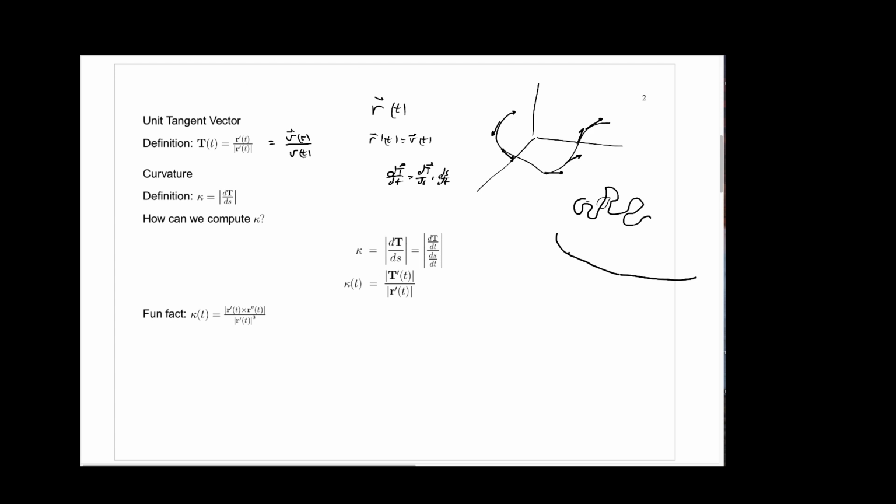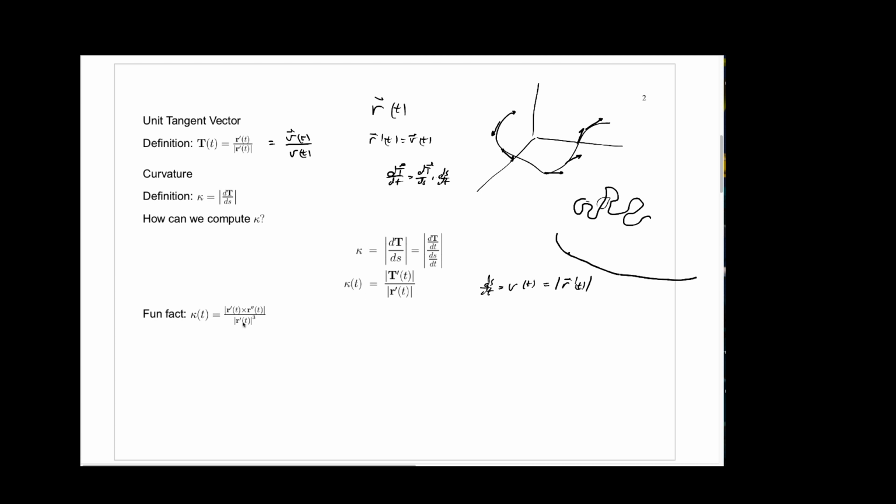Another way to say that is that it's the length of T'(t), that's dT/dt, over the length of r'(t), because that's just ds/dt. Remember, ds/dt is exactly v(t), not the vector function, but the speed function, which is exactly the length of r'(t). So this is a way we can compute kappa.